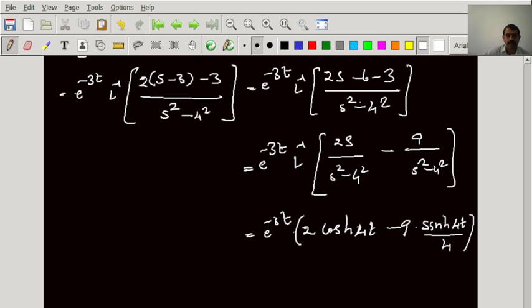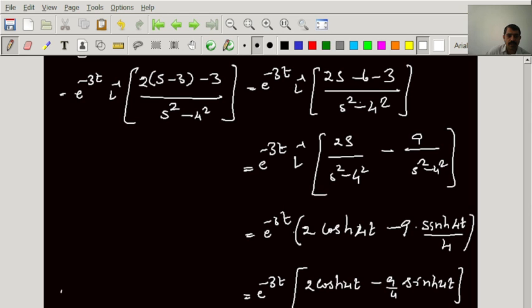So our answer for the question is e power minus 3t into 2 times cos hyperbolic of 4t minus 9 by 4 sine hyperbolic of 4t.